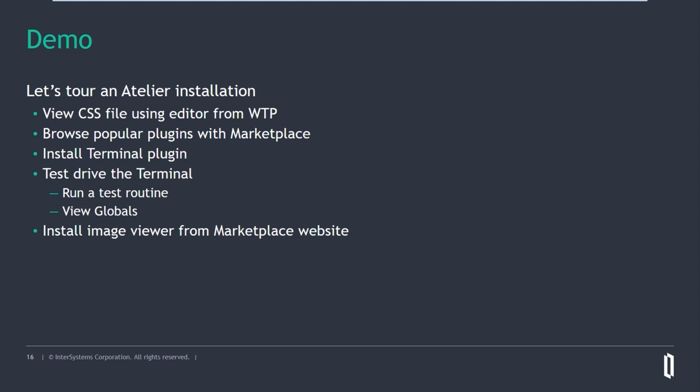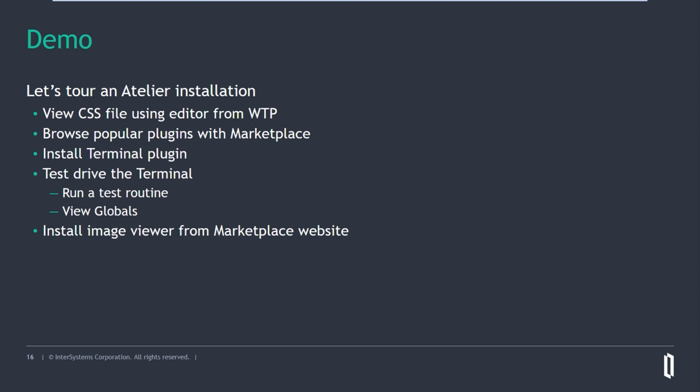Otherwise, you have the option of using a standalone Atelier product, as it's called, and then adding other plugins to that as well. Both ways work, but there are bundles available for Eclipse that are targeted to specific types of developers. So that's what I installed: the Eclipse bundle for web developers.